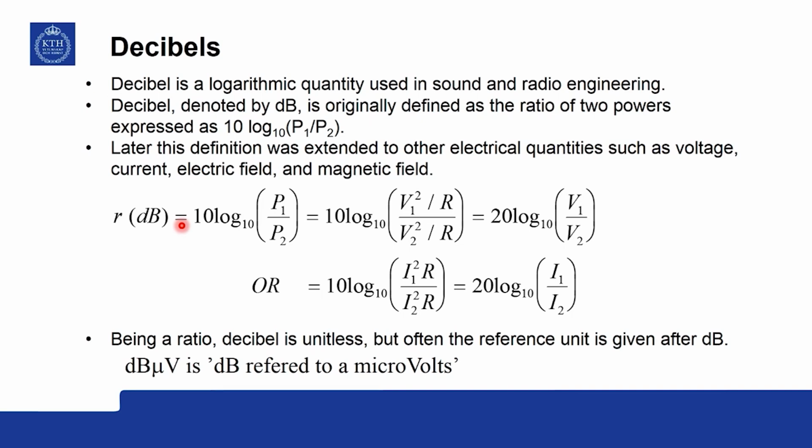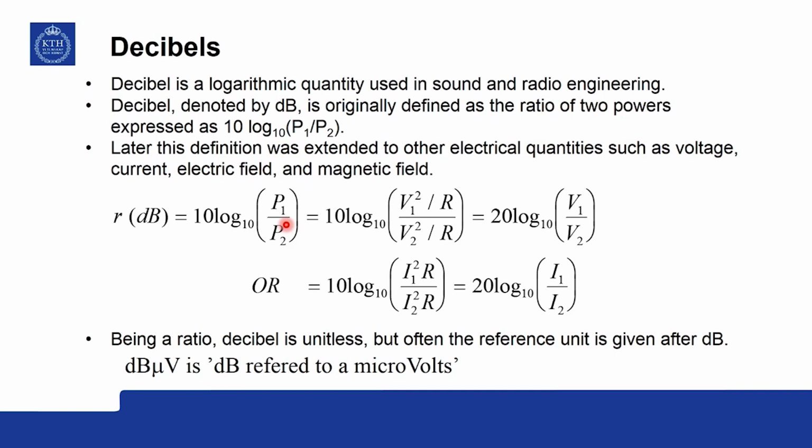Now, later the concept of dB is extended to voltages and currents, electric fields and magnetic fields, etc. There you define it as 20 log ratio of voltages.